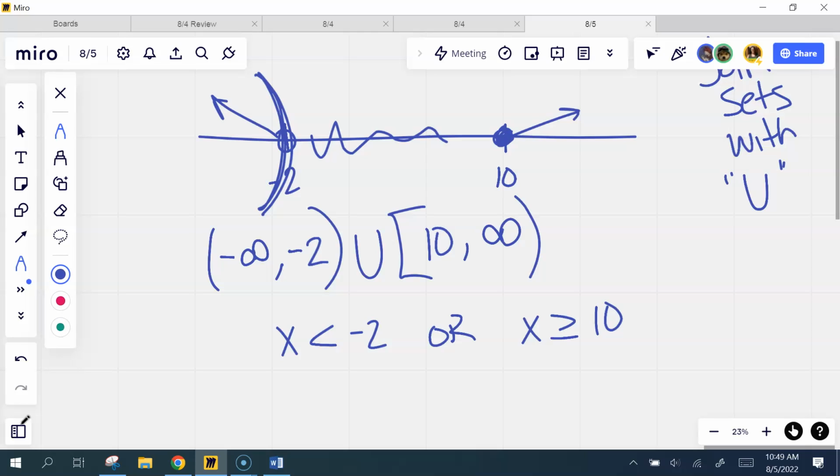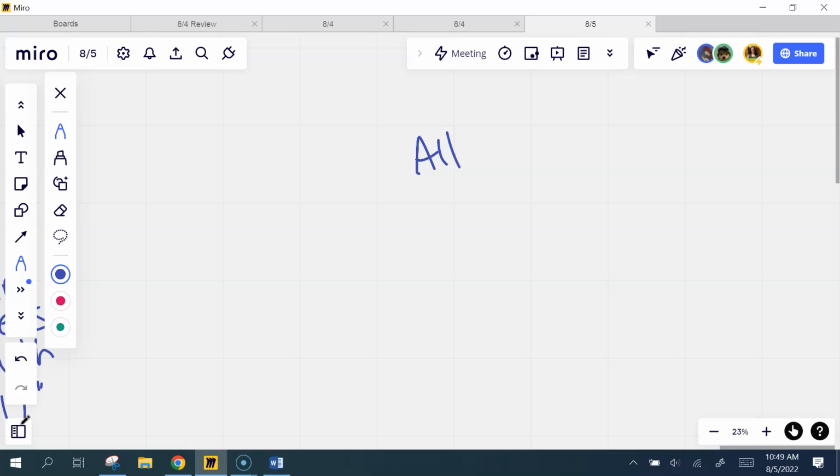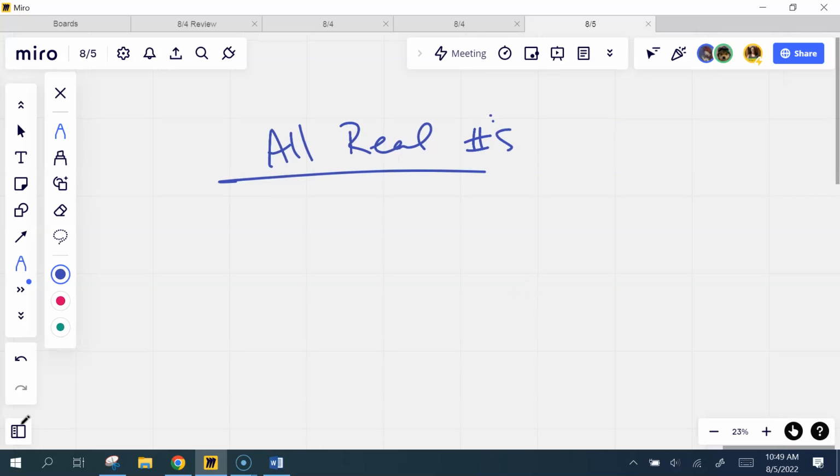What if there are no restrictions? What if it could be anything in the whole wide world? Y'all are saying infinity, but I'm talking about how I would say all real numbers. The symbol, in interval notation. What's the smallest it can be?